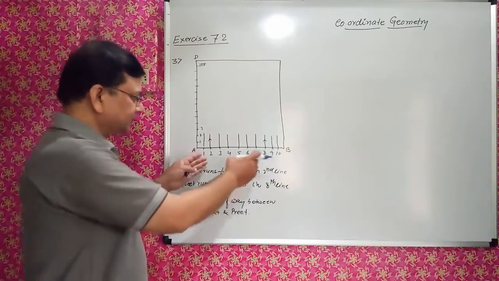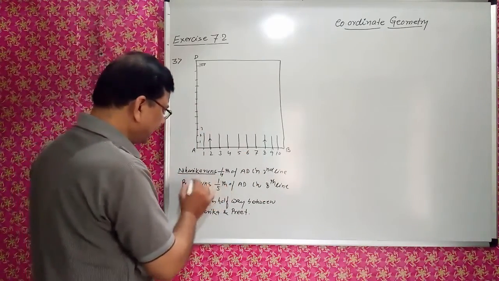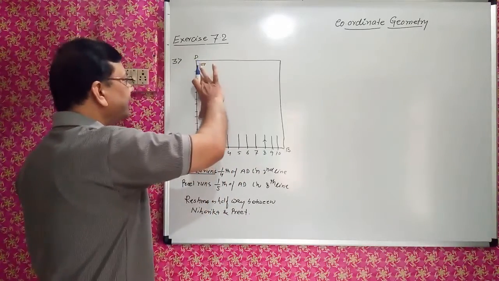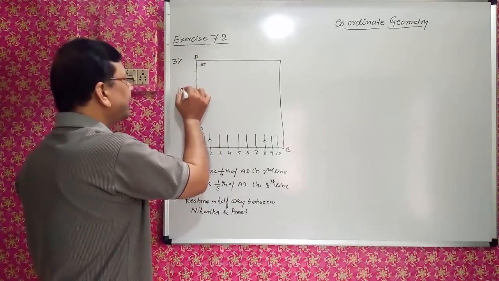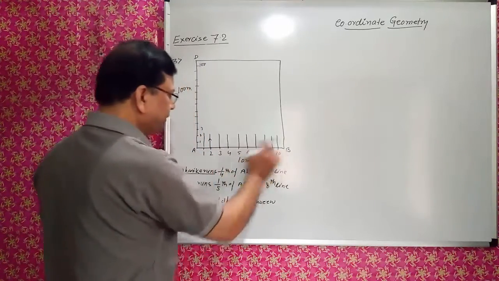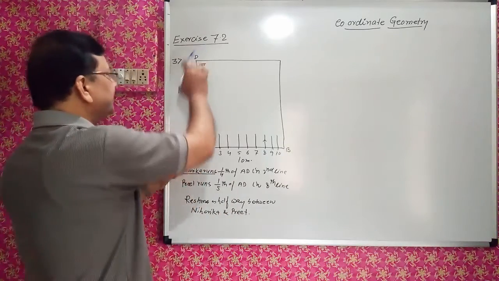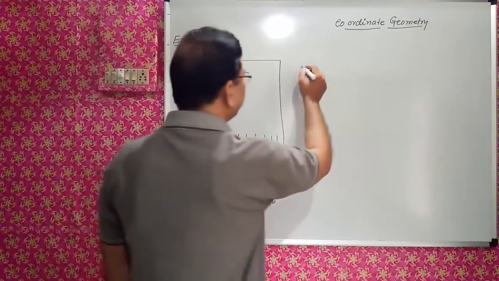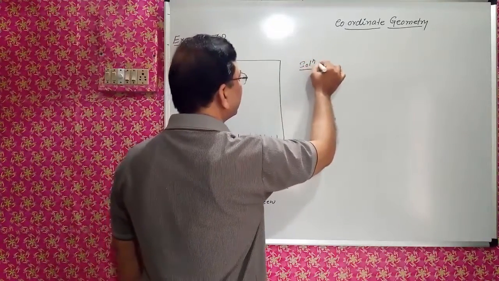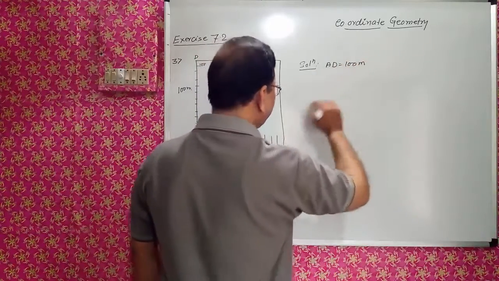So two girls are running on two different lines. Niharika runs 1/4 of AD, means from here to here. It is total 100 meter, and it is total 10 meter from here to here. 1/4 of AD, AD is 100 meter. So I will write the solution. AD is equal to 100 meter, right?